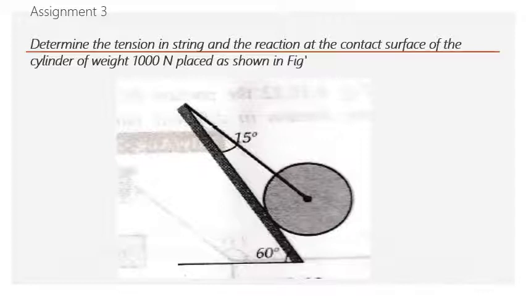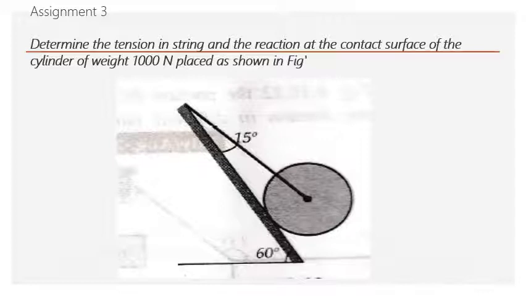Here you have to find the angle of inclination of the string. In the last problem also we solved one problem, not the previous one but a similar type. So take this as the assignment.